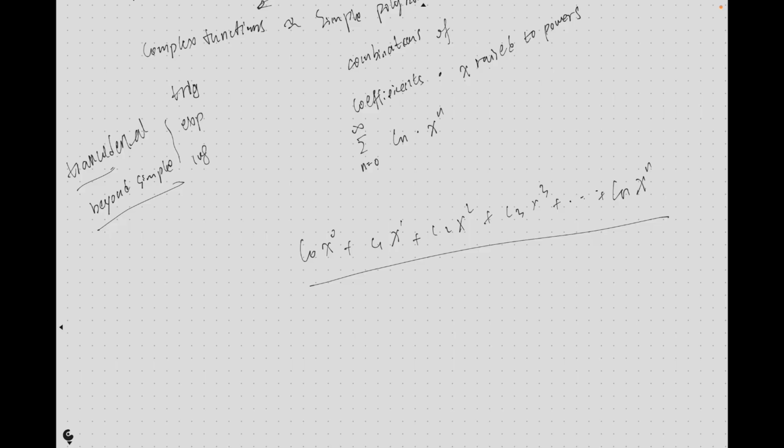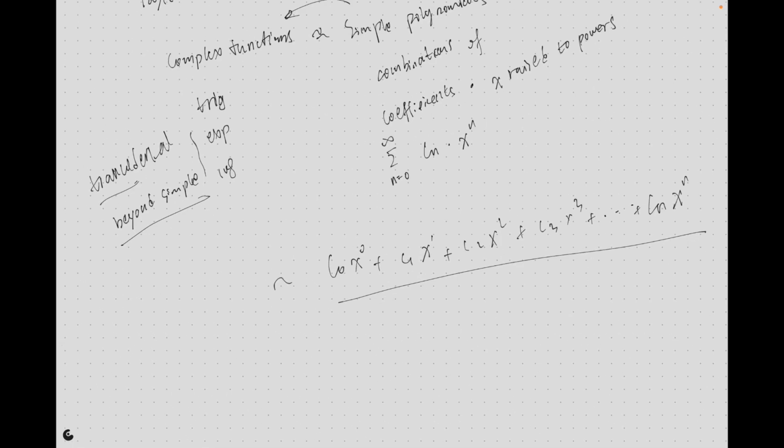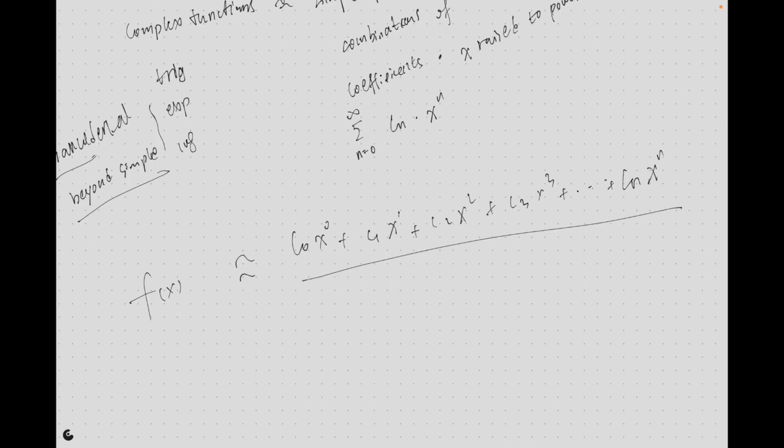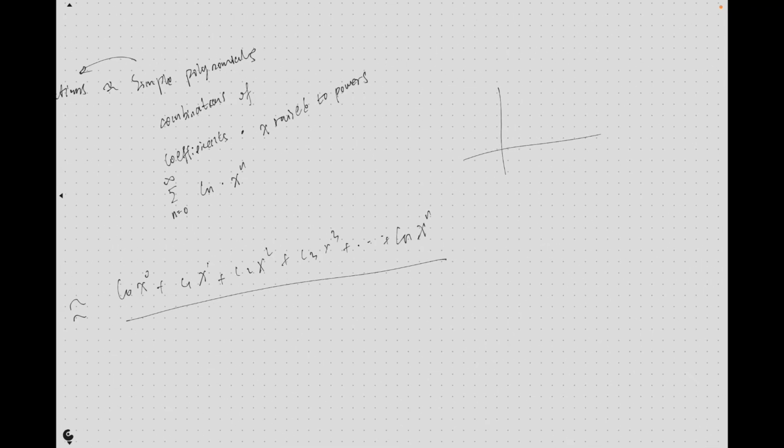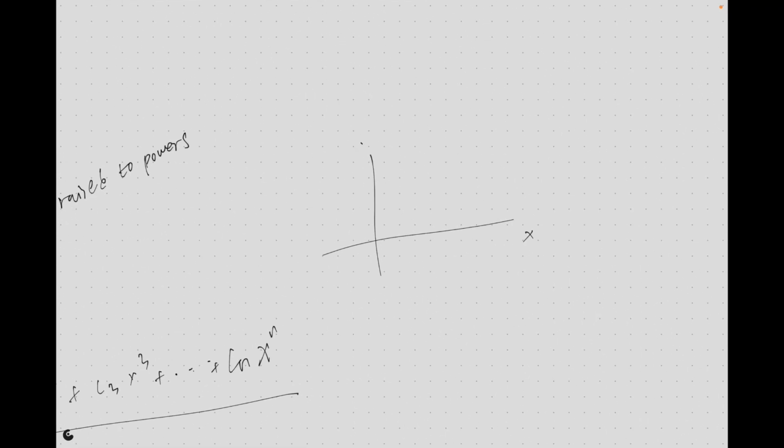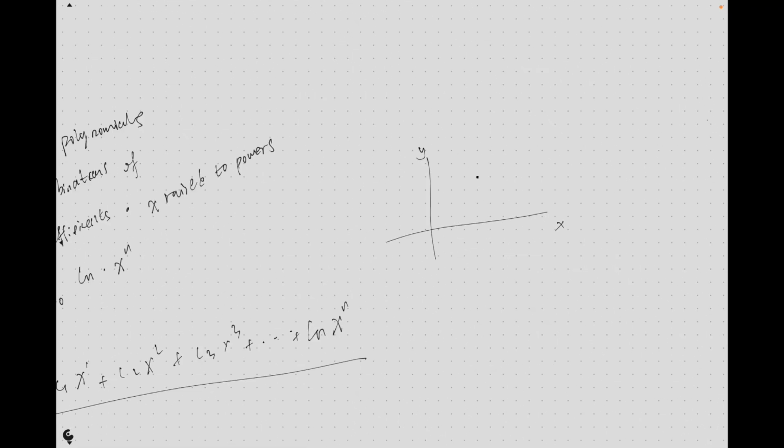Well, the idea is how we're going to approximate these complex functions. We call it f of x. Let's think about it. Over a specific point, on the x and y axes, there's a point here. If there's an original function, let's say it behaves like this.